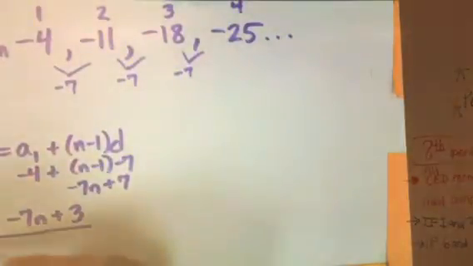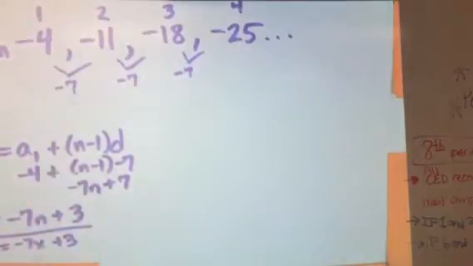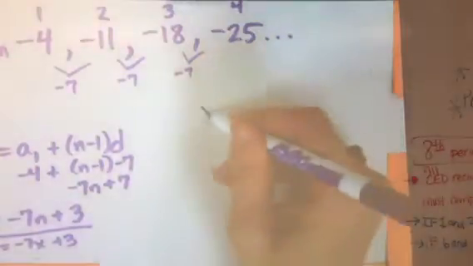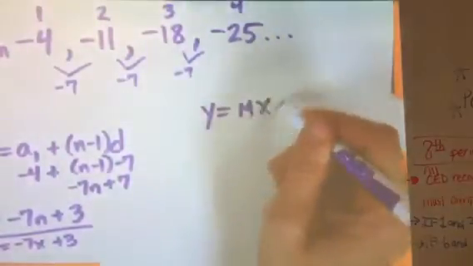So basically this is the same equation as y equals -7x plus 3. So did we need to know and use this formula for arithmetic sequences to get to the equation y equals -7x plus 3? No, because we know enough about linear functions to go straight to y equals mx plus b.